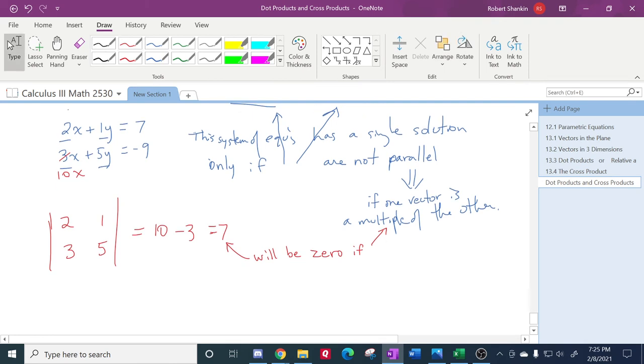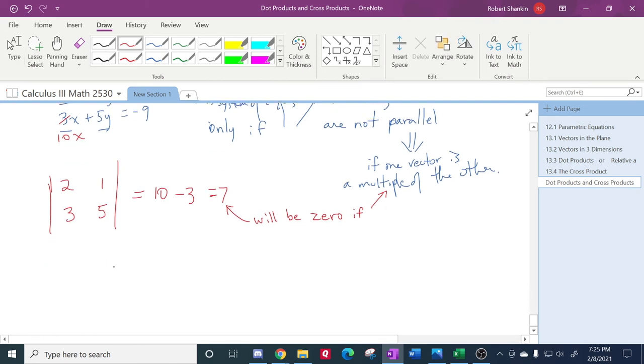Let me demonstrate. We said 2, 1, this one 5 times bigger than that one, so if this one was 5 times bigger than that one, we would get this. 10 minus 10 is 0. If these two vectors are multiples of one another, you will always get 0.